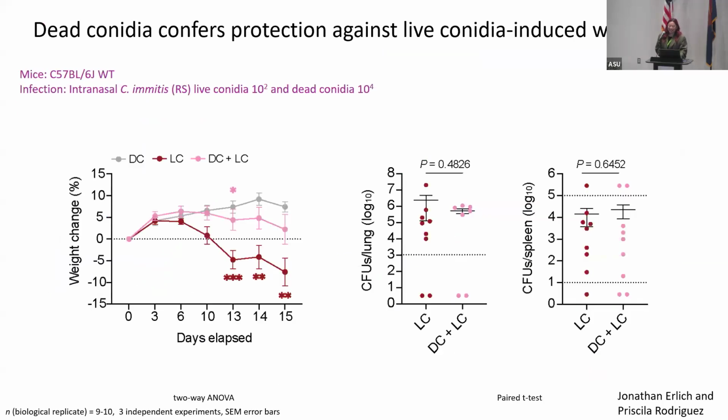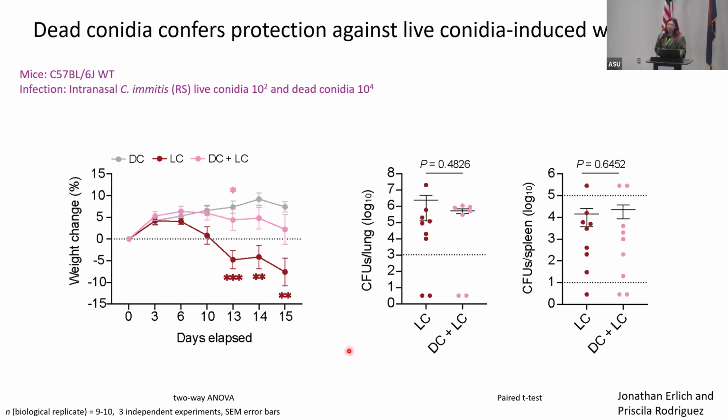It's more impressive. To determine if the protective effect of dead conidia in vitro can be translated to an in vivo model, we infected Black 6 mice with 10 to the 2 CFUs of live conidia, with or without the addition of 10 to the 4 dead conidia. We saw that mice infected with live conidia alone started losing significant weight by day 10, and they failed to recover.